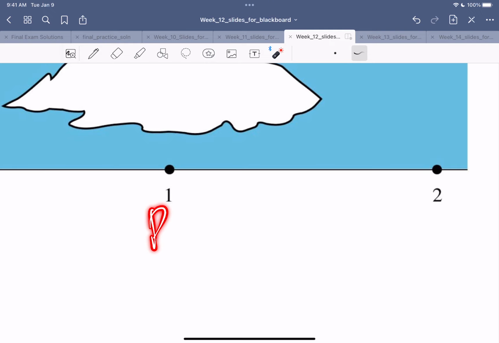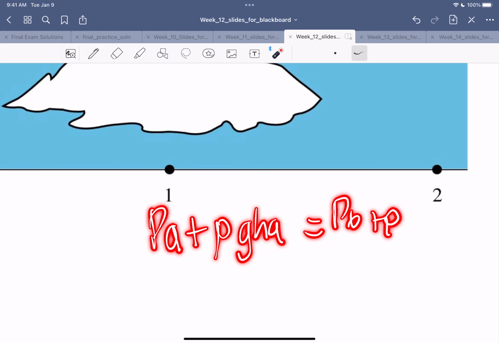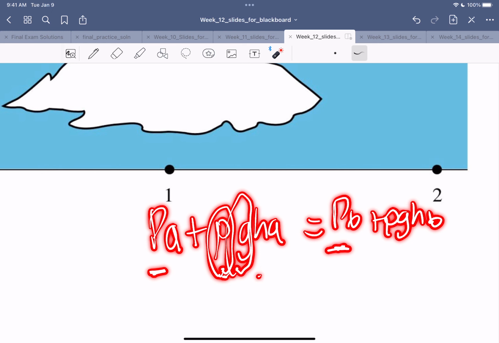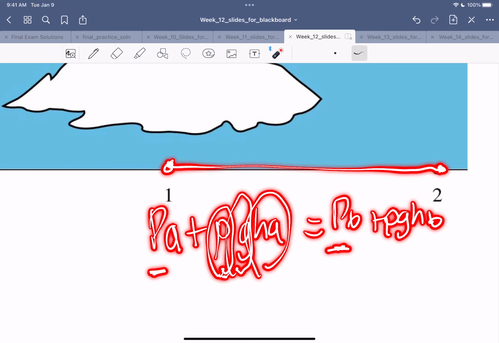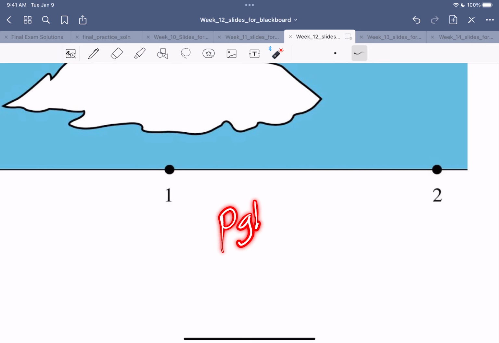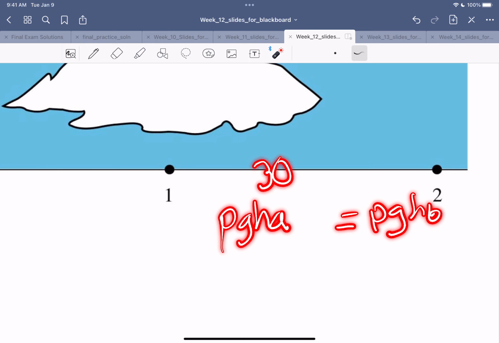Why? If we go back to the hydrostatic pressure equation, we can see, okay, I'm trying to figure out the pressure here, pressure there. If the density is the same, if they're both water, if the gravity is the same, if the heights are the same, they're at the same height or the same depth in this case, then let's say this rho GHA term and this rho GHB term are both 30, for example.